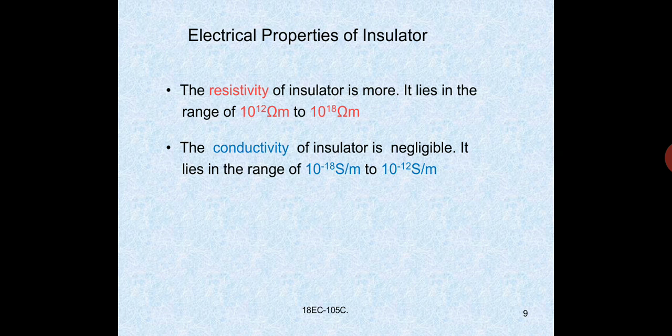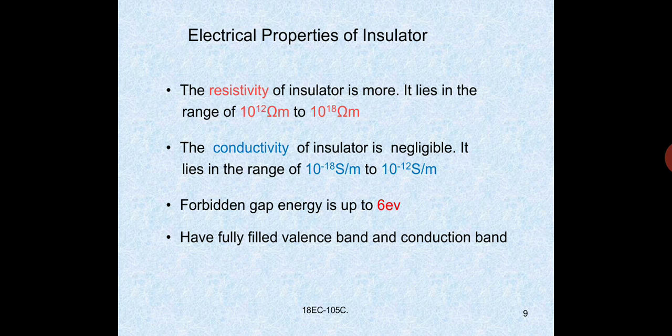It is the inverse of resistivity, so the conductivity of the insulator is negligible, in the range between 10 to the power of minus 18 mhos per meter to 10 to the power of minus 12 mhos per meter. The forbidden gap energy is up to 6 electron volts. They have a fully filled valence band and conduction band.